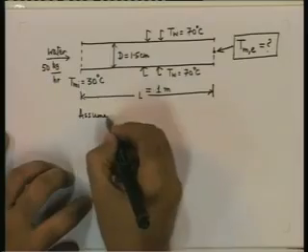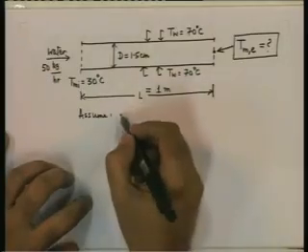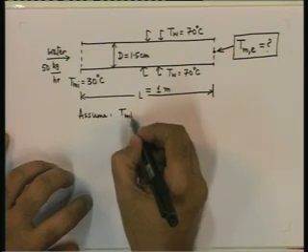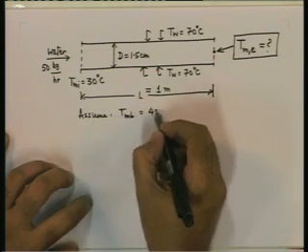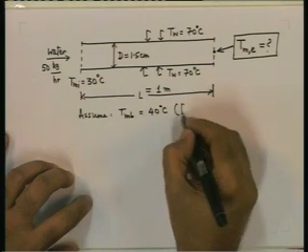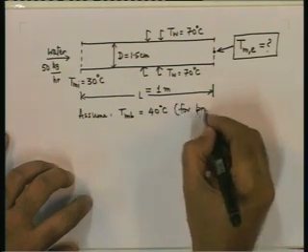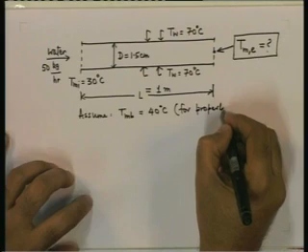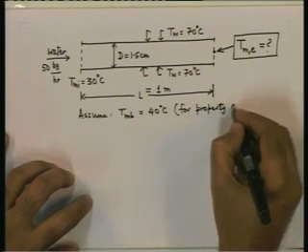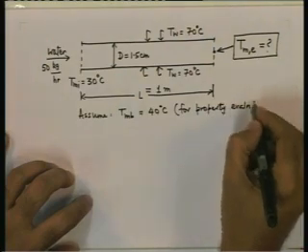So, let us assume that T mean bulk is 40 degrees C for property evaluation.